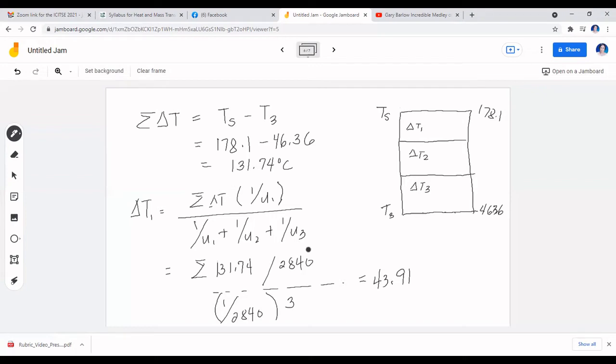So for the other delta T's, since we have the same overall heat transfer coefficient, they will be just the same as this, right?